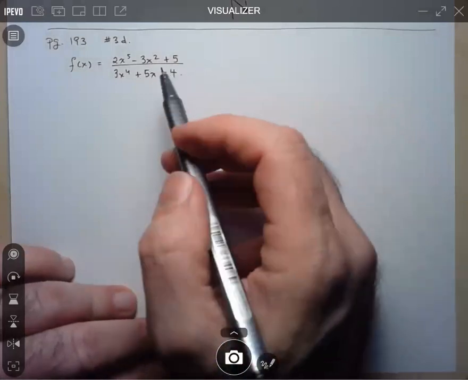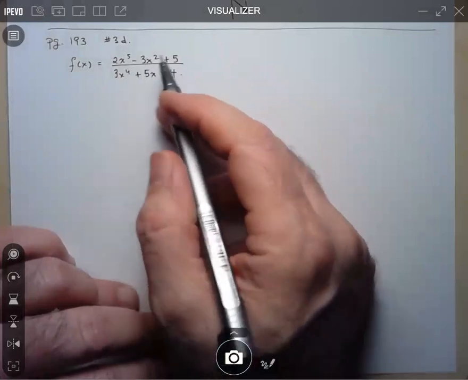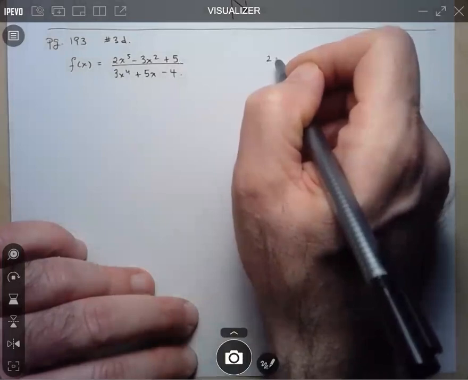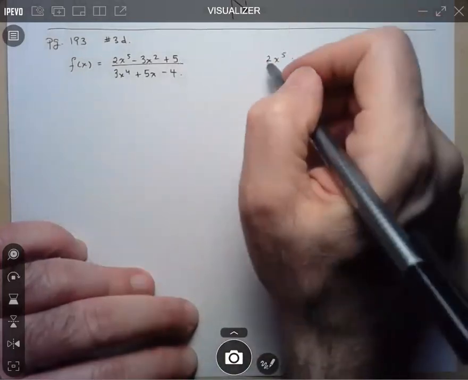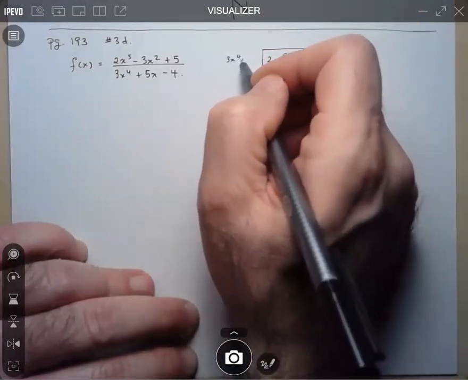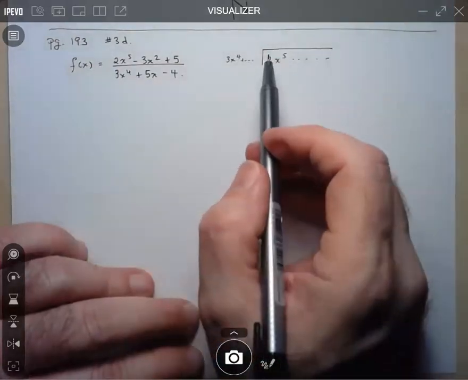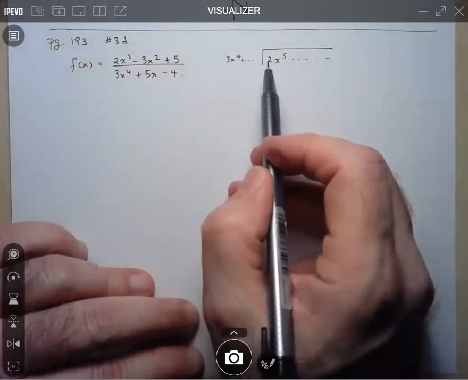So I'm not actually going to do it, because I see that I'd have to use long division, and I'm not particularly interested in doing that. But if I were to divide these, 2x to the 5th plus blah, blah, blah, by 3x to the 4th plus blah, blah, blah, I realize that what I would have to multiply 3 by to get 2 would just be some positive number.